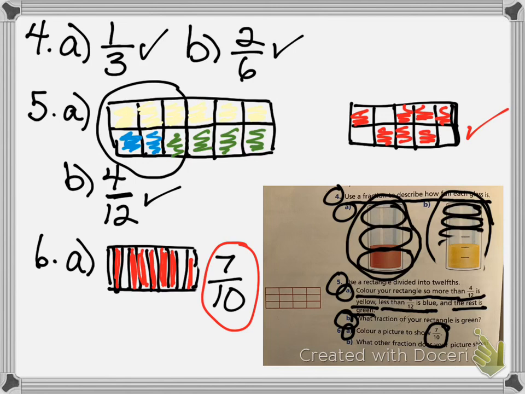Okay, and we are going to do our last question on here for today. So B goes underneath, and B says, what other fraction does your picture show? So this picture right here shows 7/10, but it shows another fraction as well. And you're going to write that other fraction right there. And then you're going to take a picture of your work and upload it to me so I can see your work.